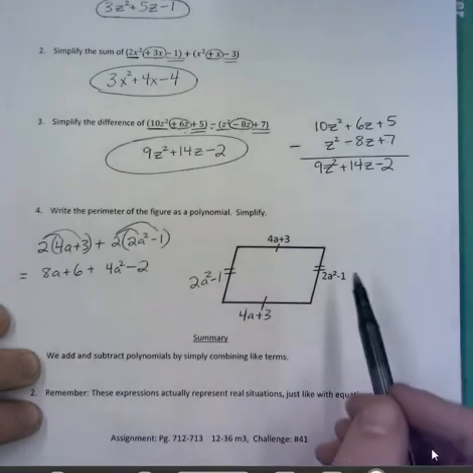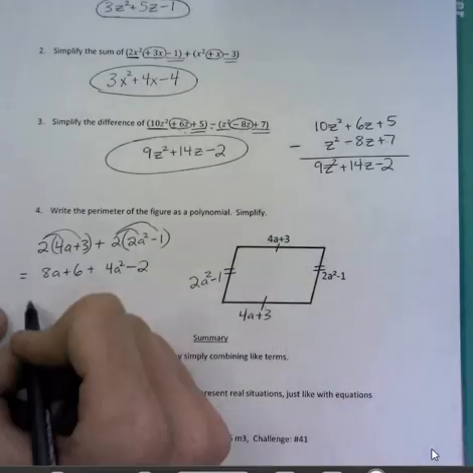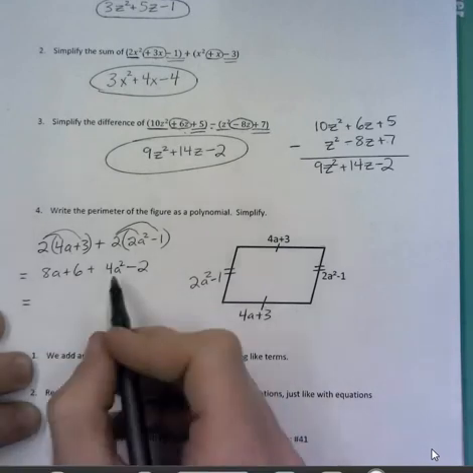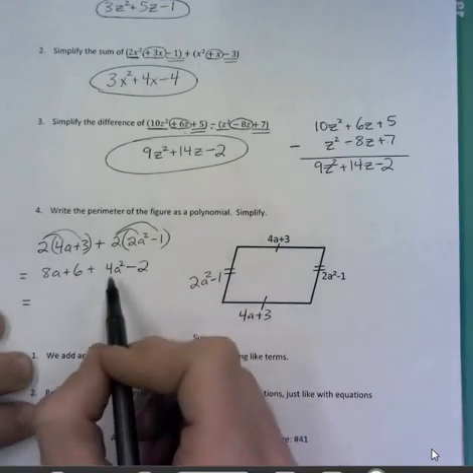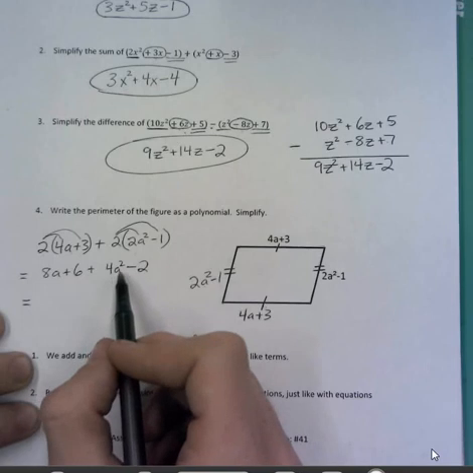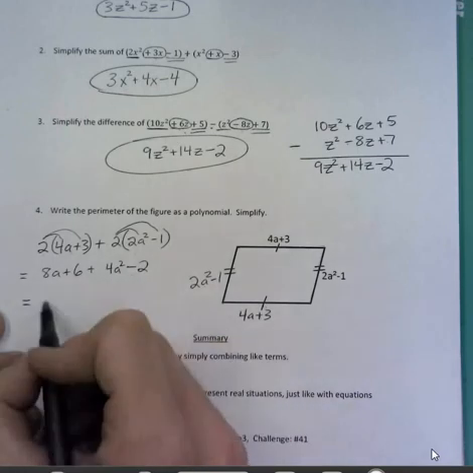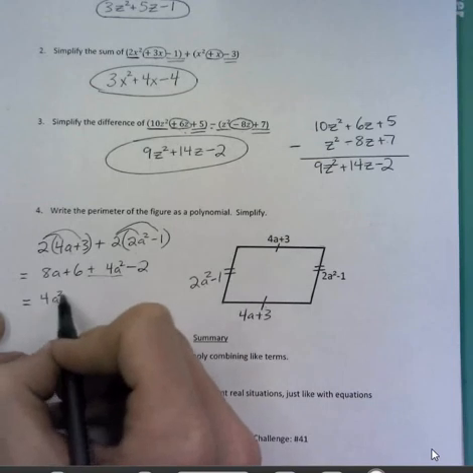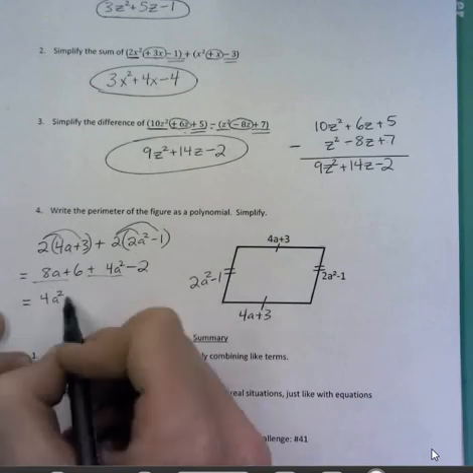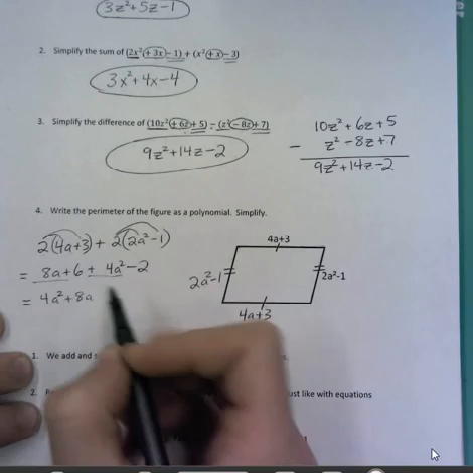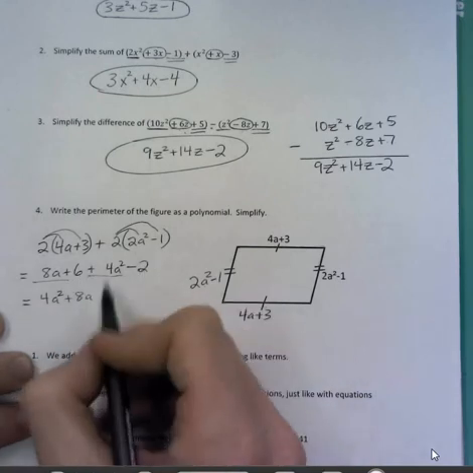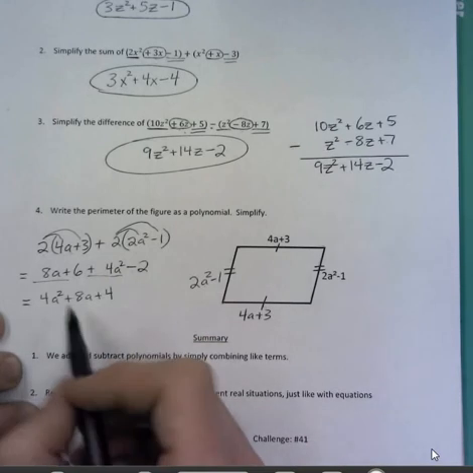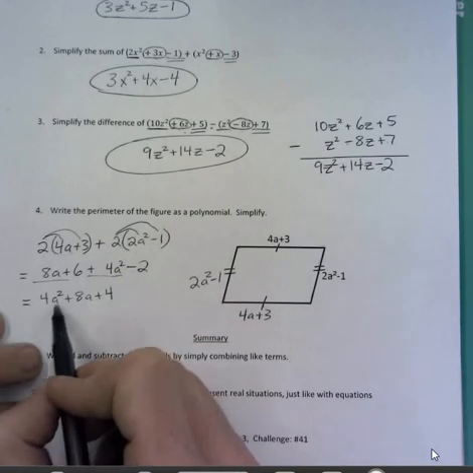Now we need to simplify this polynomial, so let's combine all of our like terms. And usually we put our answer in what we call descending order, which means I've got a positive 4a squared, a positive 8a, and then I have positive 6 minus 2, which results in a positive 4. Descending order just refers to the variables, okay?